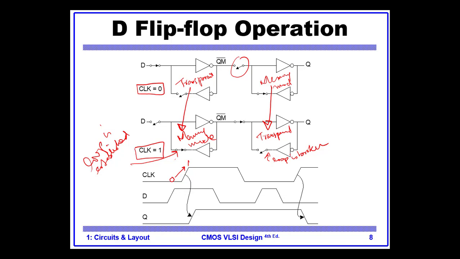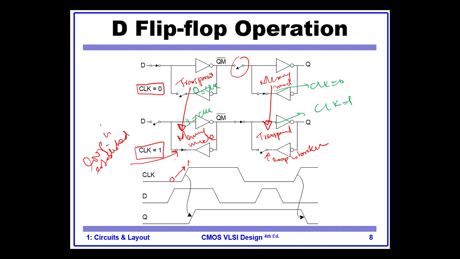So at that point, the master is going to memory mode and the slave is going from memory mode to transparent mode.